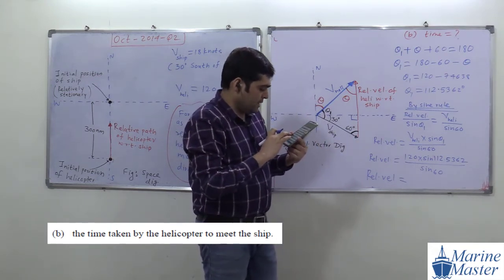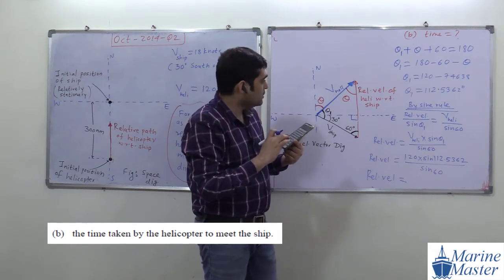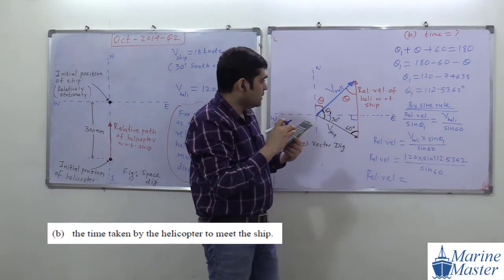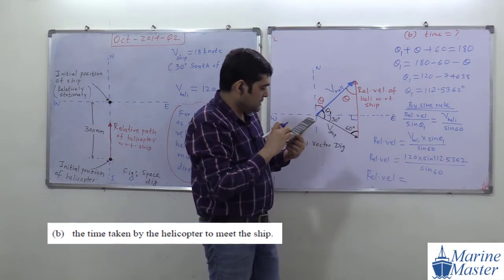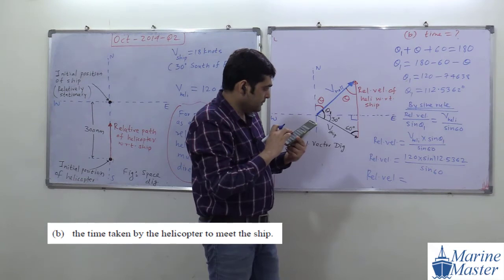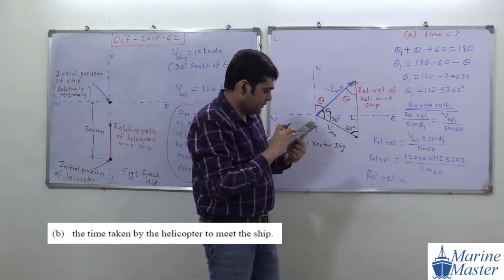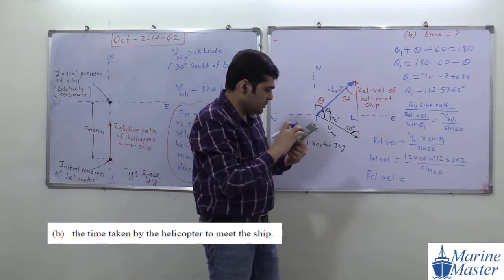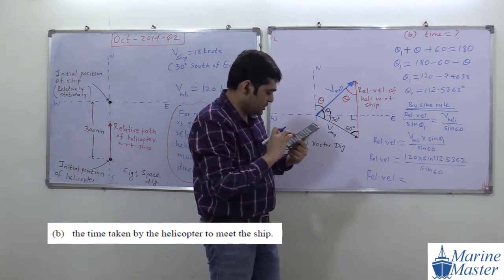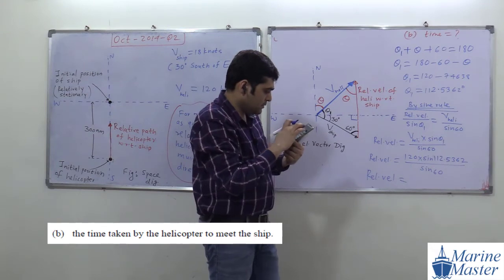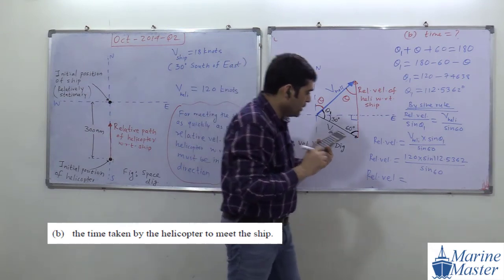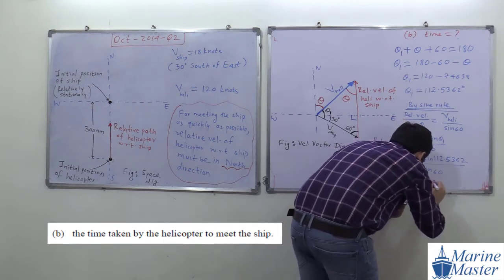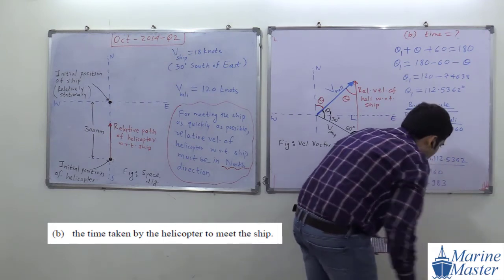So 120 into sine of 112.5362 divided by sine of 60. One minute, guys, let me check. 127.983 units.